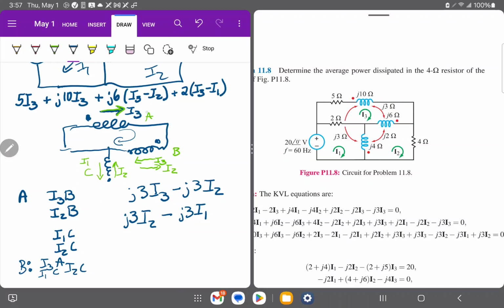I3 is going into the dotted side of A, so that will have the same sign, and that will be J3 I3 from inductor A.